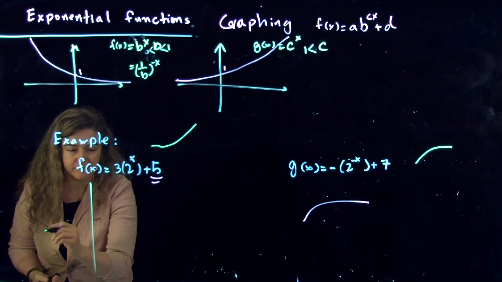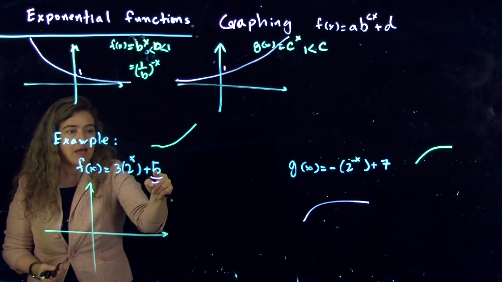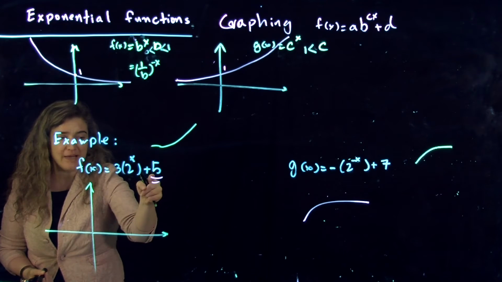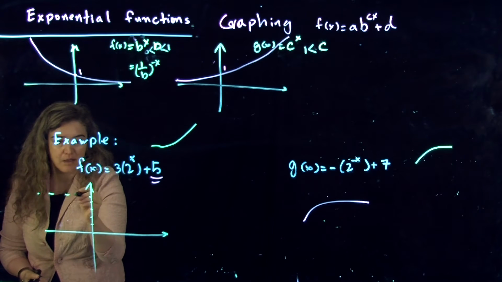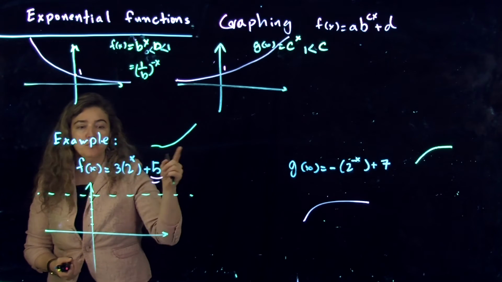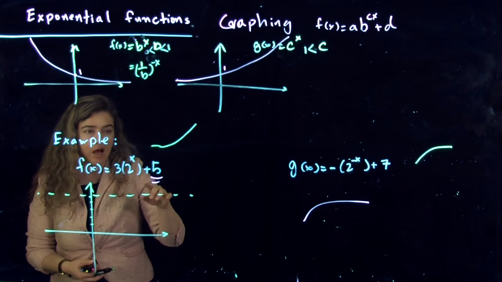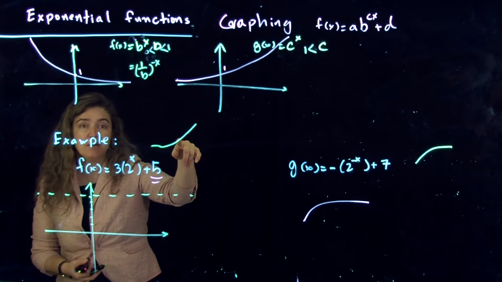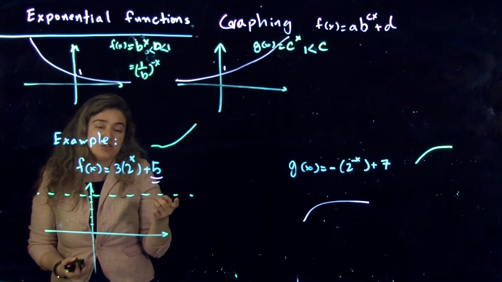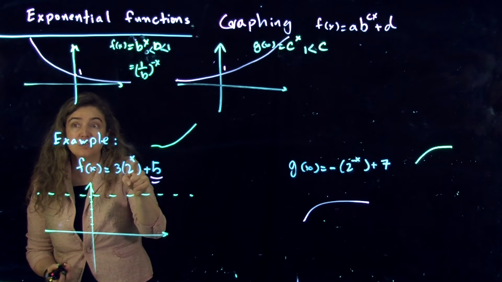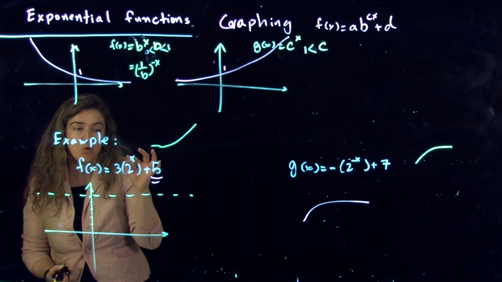I draw a line at y equals 5, because the asymptote moved up 5 units. I want to put this shape in. I need a few points. I suggest putting in x equals 0 and finding at least 1 point.